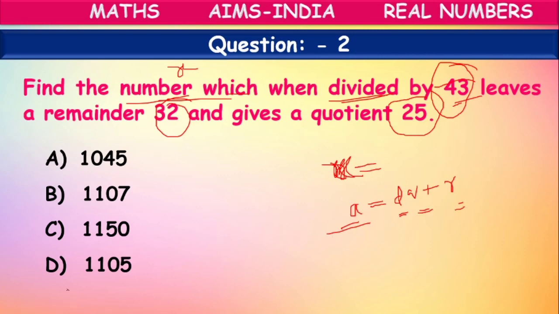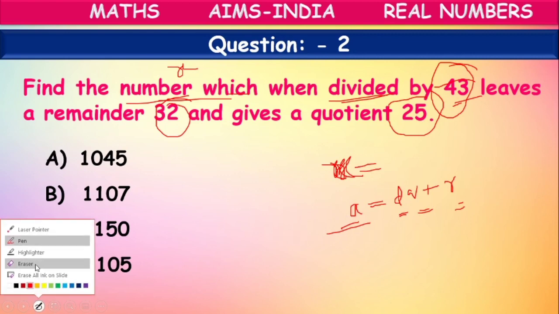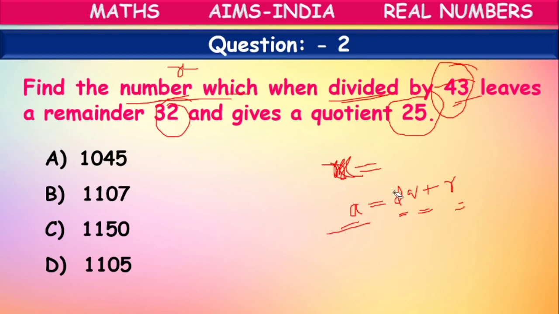Or sometimes, instead of D, we take B: A equals BQ plus R, where A is the dividend, B is the divisor, Q is the quotient, R is the remainder.